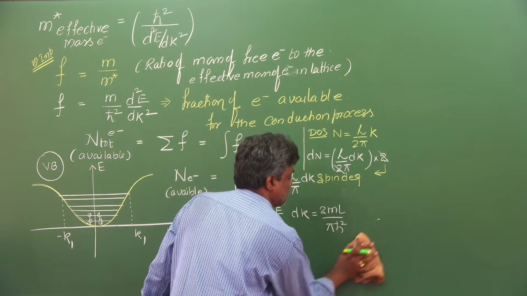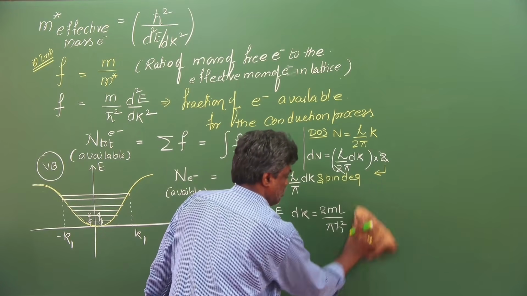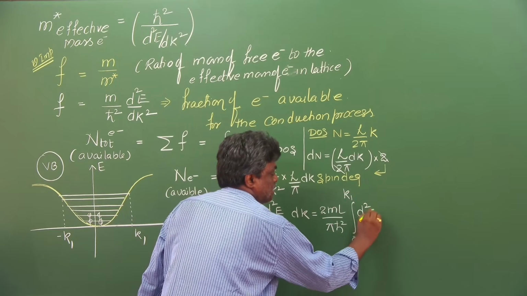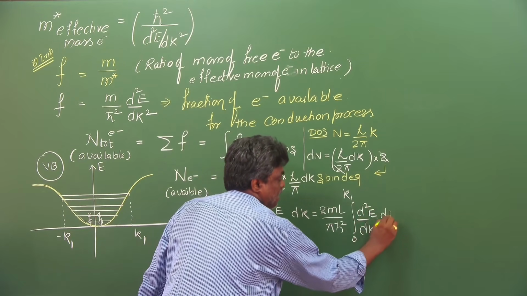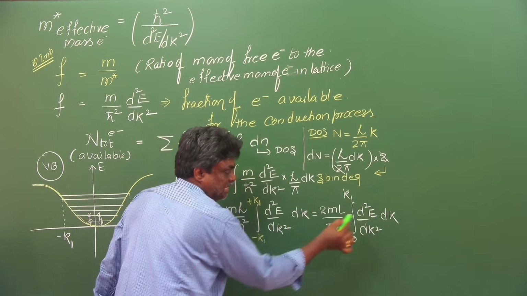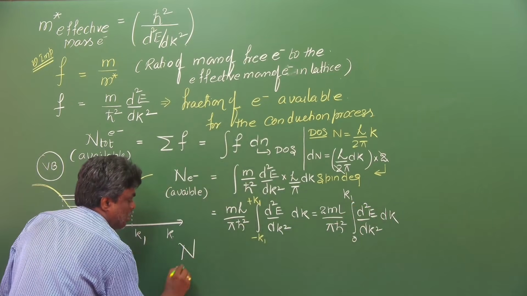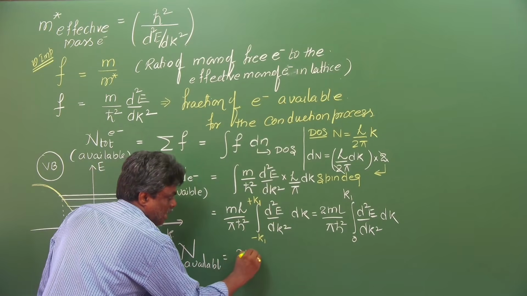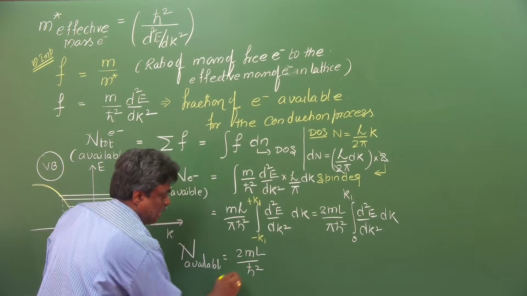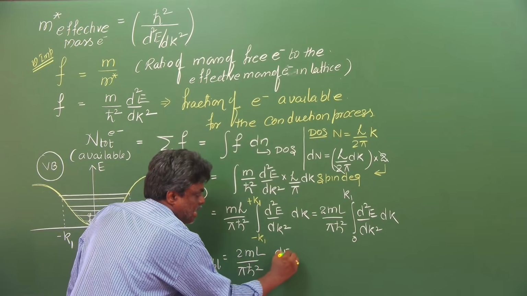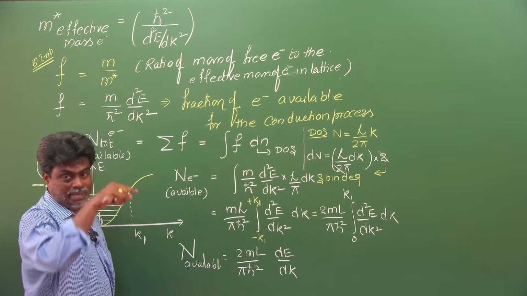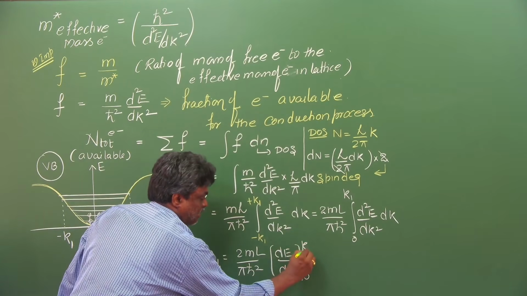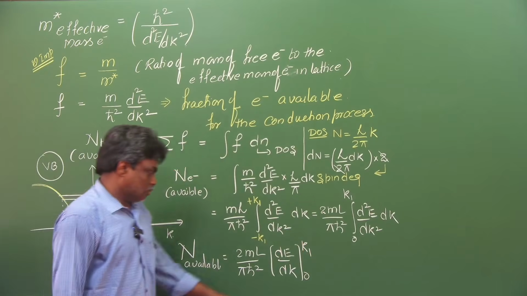Shall I write directly? Integral from 0 to k1 of d²E by dk² into dk. Differentiation and integration, one time cancels. Then the number of electrons available equals 2mL by πħ² dE by dk, because one time integration and differentiation cancel, and the limits are 0 to k1.